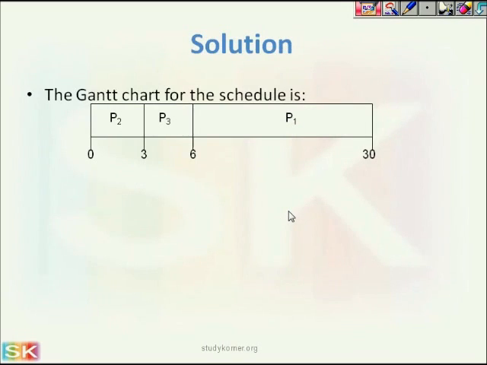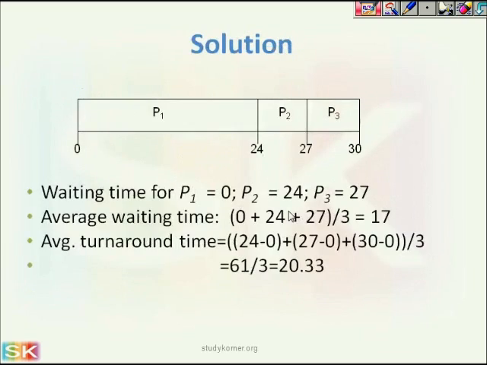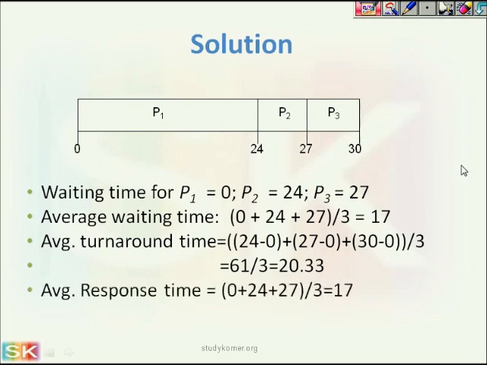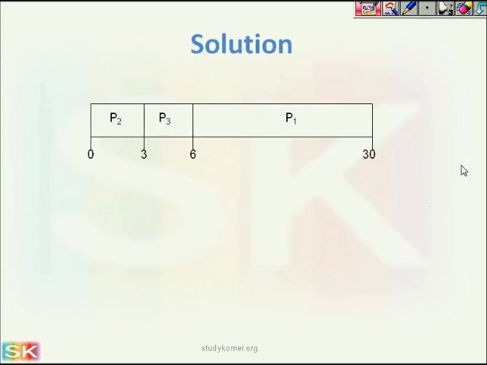So this time the Gantt chart will look like this. Process P2 burst time was 3 seconds, P3 burst time was 3 seconds and P1's burst time was 24 seconds. That is here. P1 burst time was 24, P2 and P3 were 3 seconds each, right?